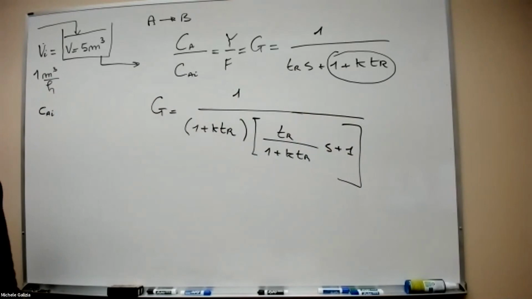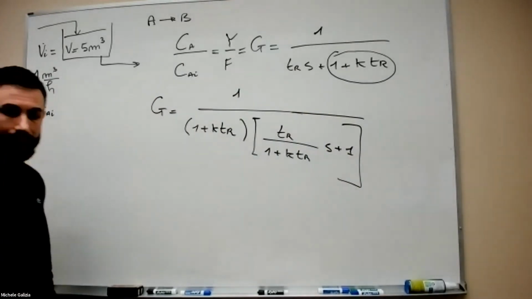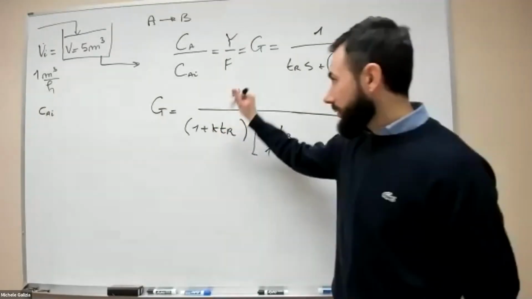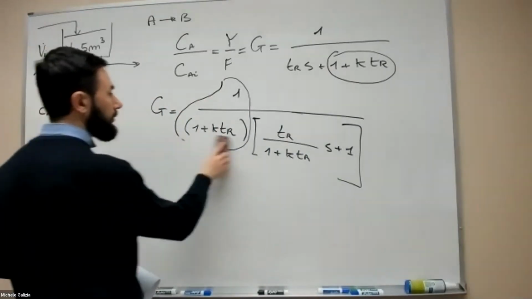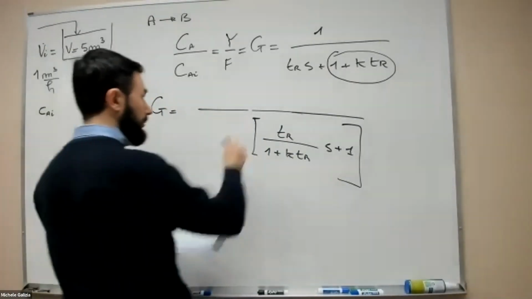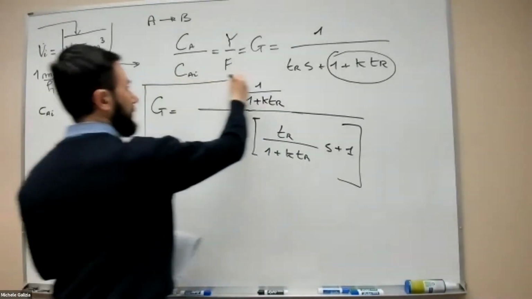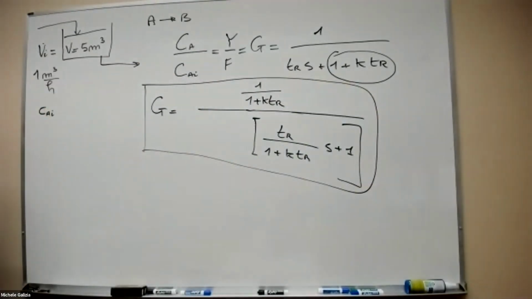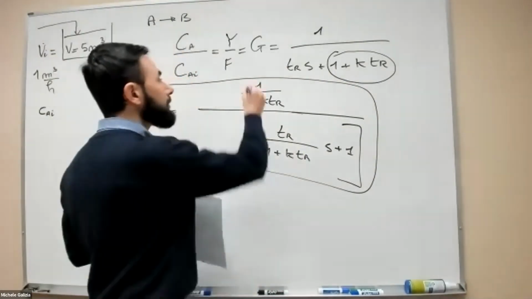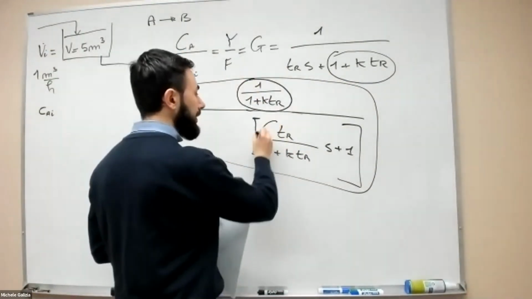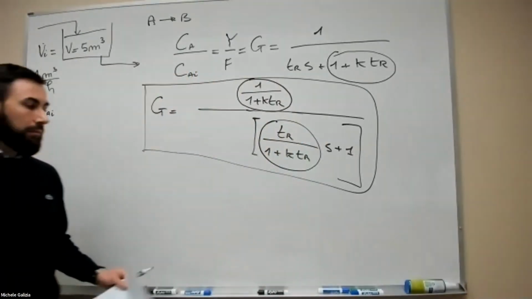Make sense or not? Yes. So now let me lump this together. This is the transfer function of the system in the standard form. So this is Kp and this is tau.